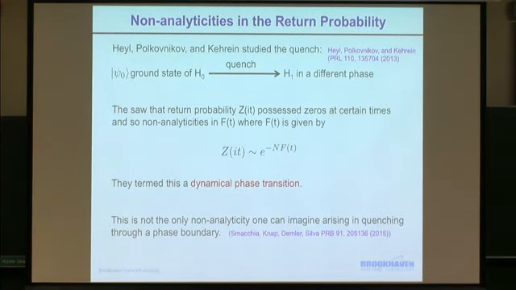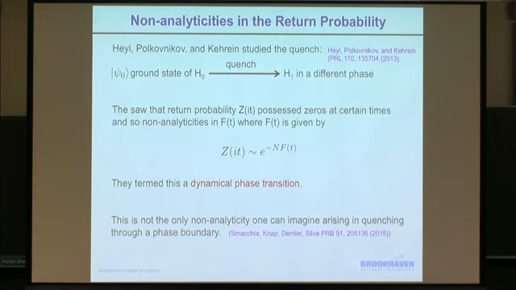As has also been noted several times in this workshop, people, particularly this paper by Heyl, Polkovnikov, and Kehrein, have noticed that non-analyticities appear in this quantity. They took the initial state, some ground state of a Hamiltonian, and quenched the Hamiltonian into a different phase.